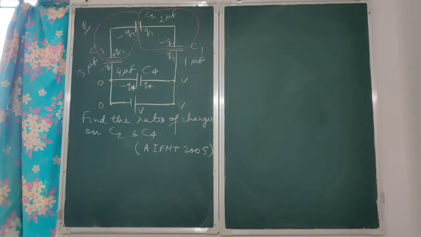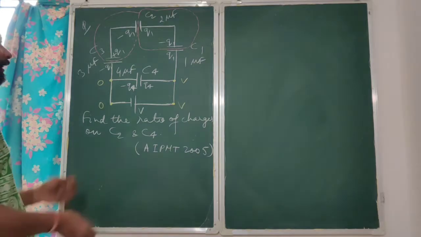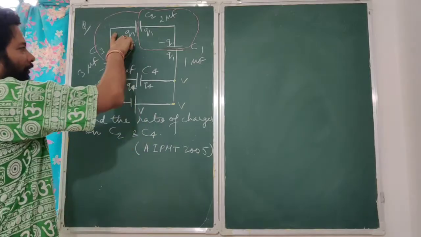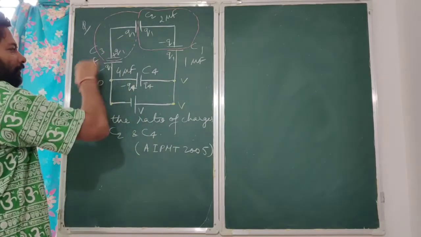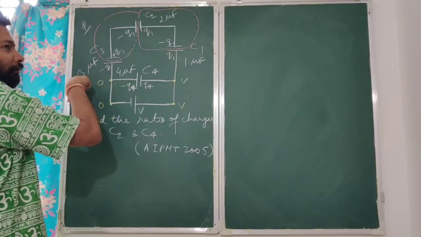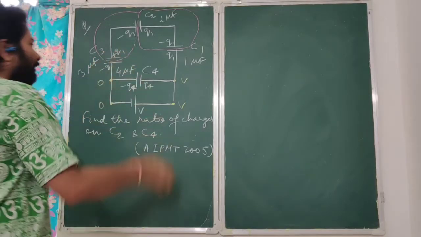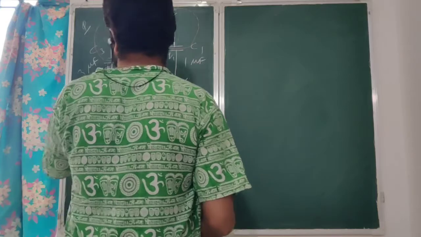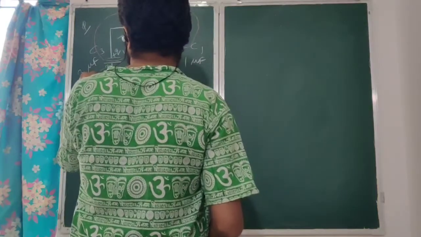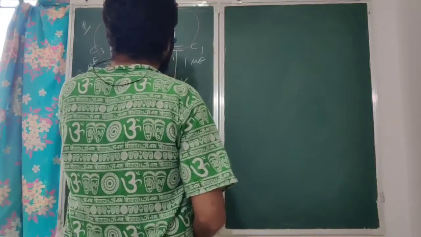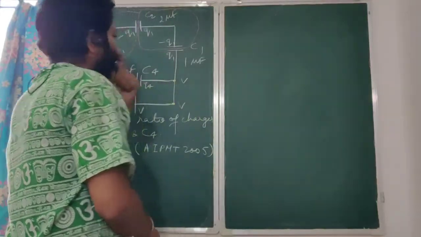How will you do it? The net potential difference between these two is V. So what is the potential difference created across this? Q is equal to CV. So V is equal to Q by C. So we can write Q1 by 3. Here Q1 by 2. Here Q1 by 1.